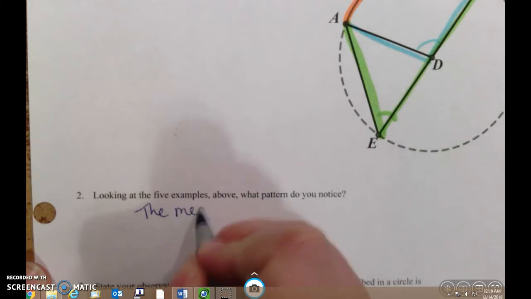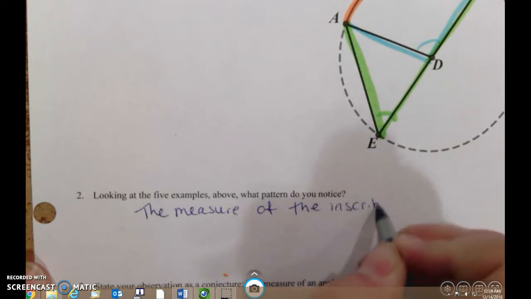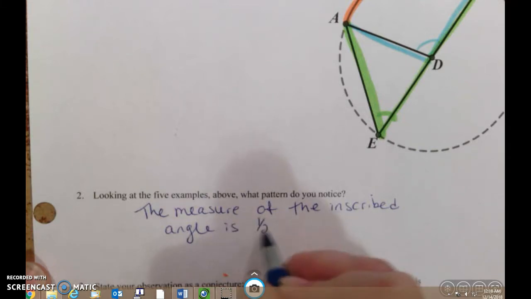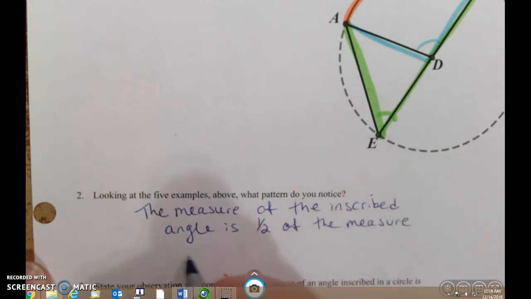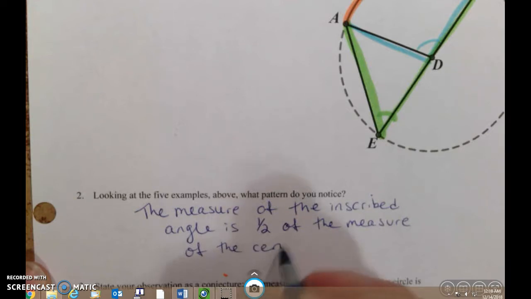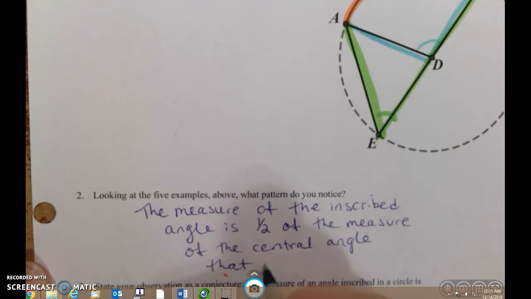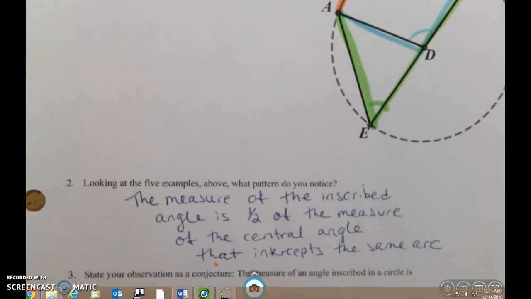The measure of the inscribed angle is 1/2 of the measure of the central angle that intercepts the same arc. And so that would be the same as the conjecture of what we're saying below.